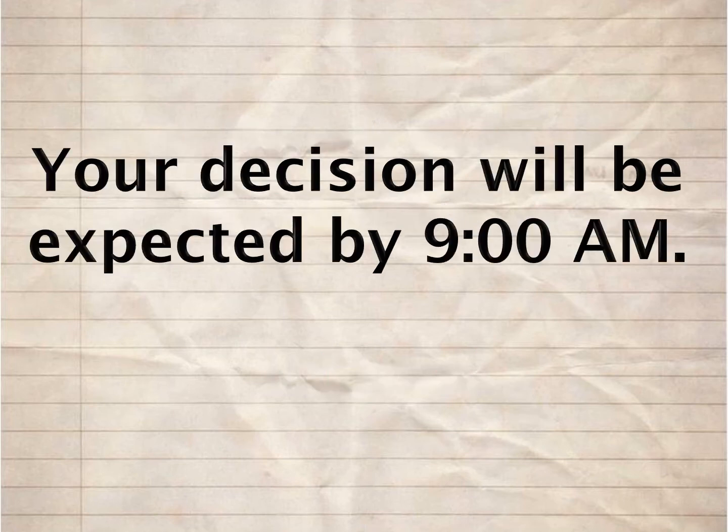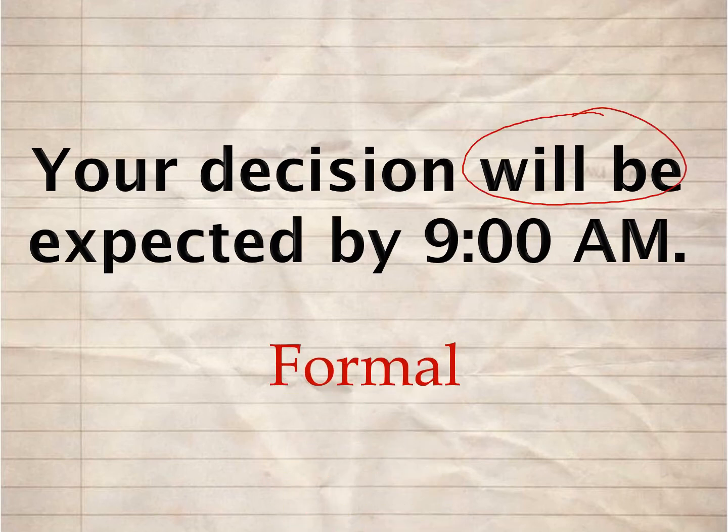Your decision will be expected by 9 a.m. Formal. That's right. Why? First of all, we have this long form, and be careful that this sentence, your decision will be expected by 9 a.m., is passive.